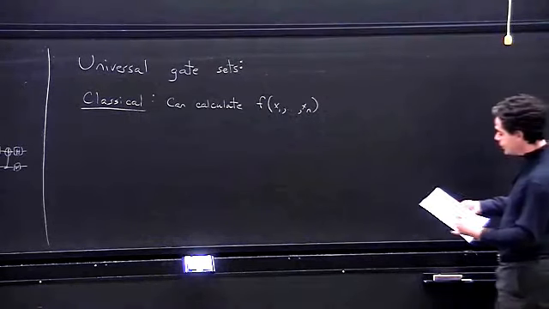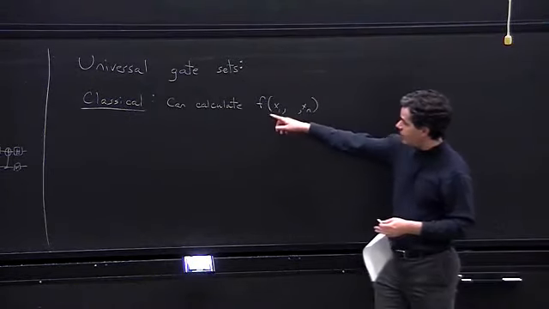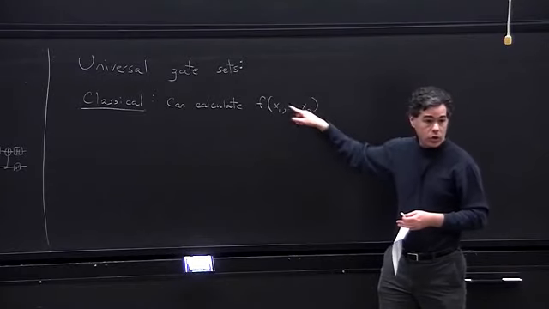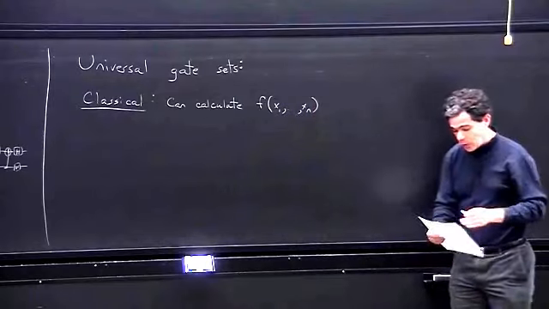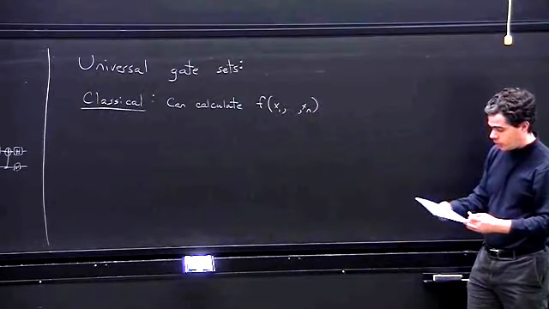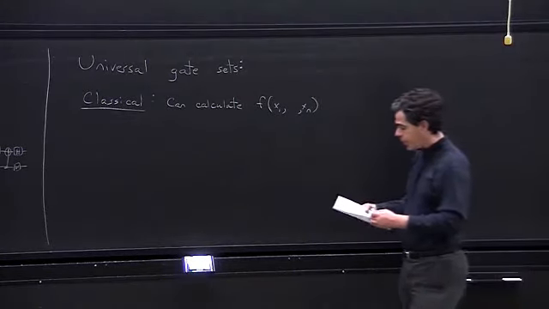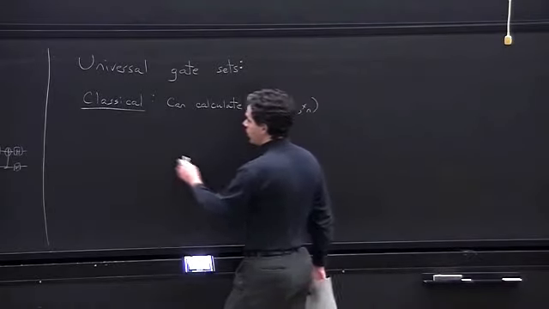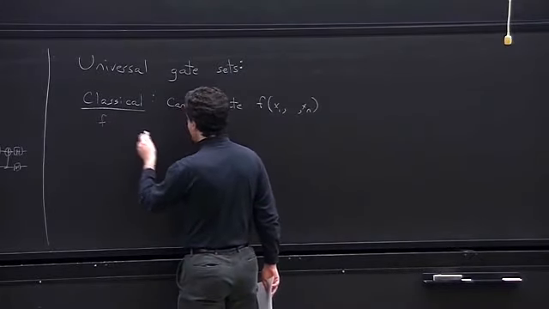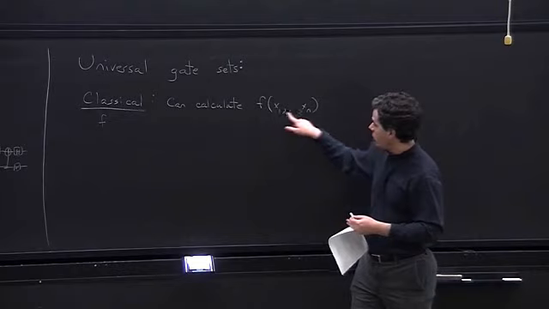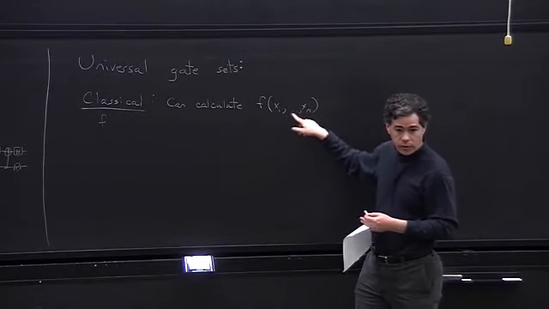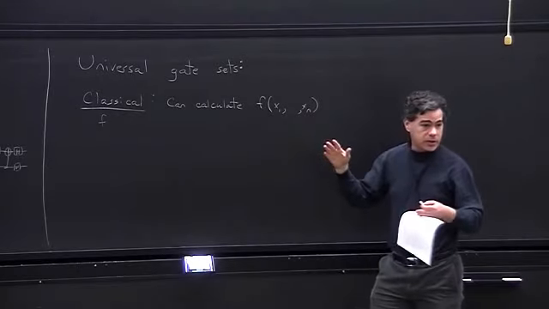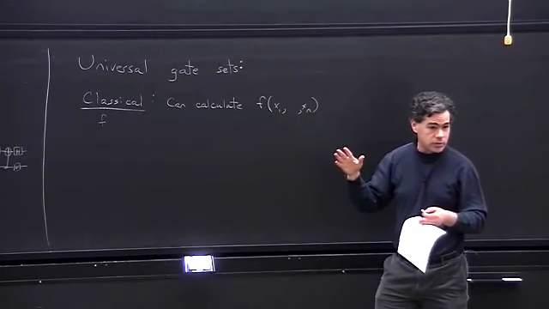So what gates do we need to be able to calculate an arbitrary function? Well, I don't want to go through a completely detailed proof, but the basic observation is that these things are bits, right? x1 through xn are bits, and there's n of them. So there's only finitely many inputs that we can deal with.